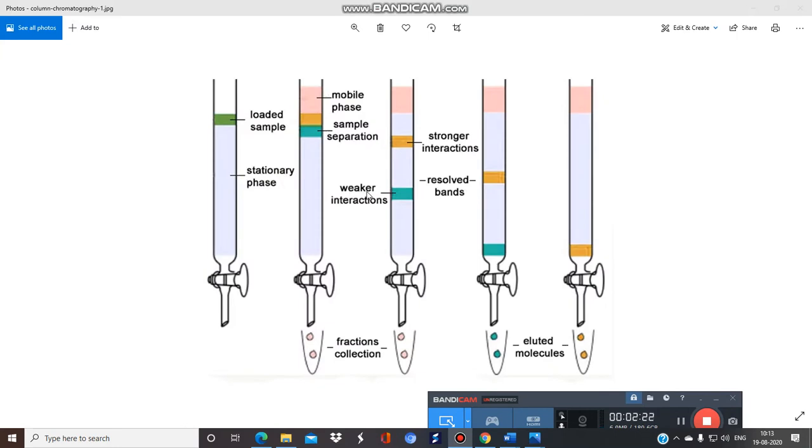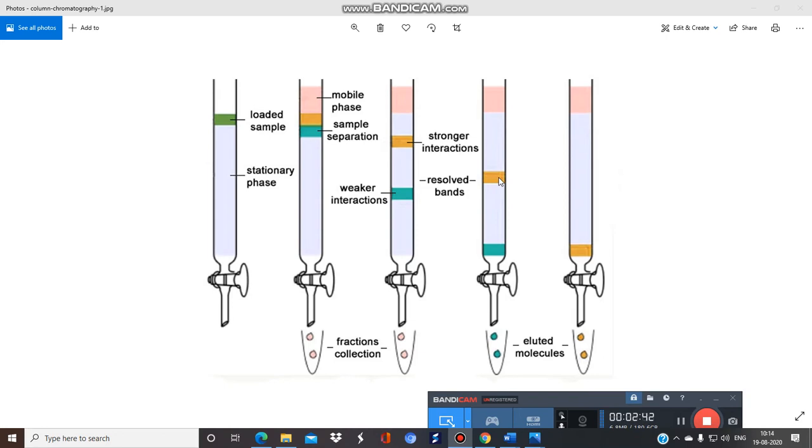Just look at this, this is a sample. Here the green band shows weaker interaction, but weaker interaction with what? Weaker interaction with the stationary phase, so it elutes fast, at an early stage.